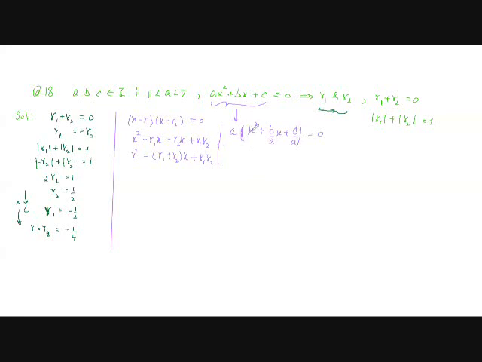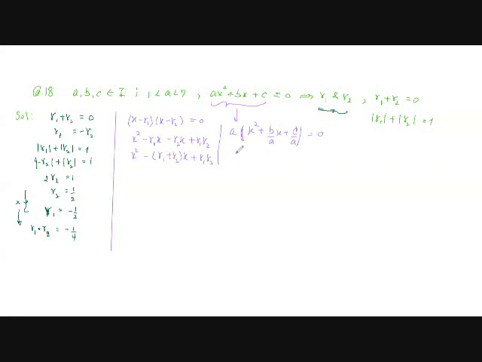Then you can see the identity x squared here, right? So from this one we can say, using the identity, negative (R1 plus R2) will equal B over A, right?